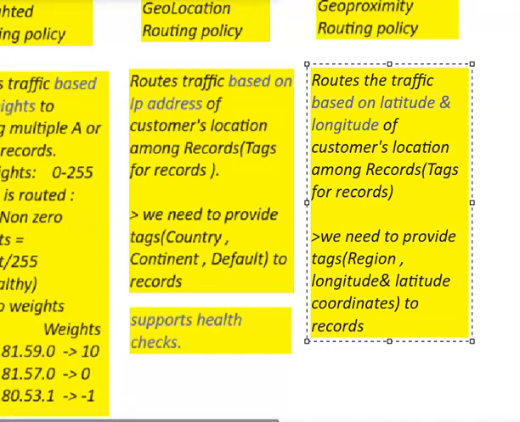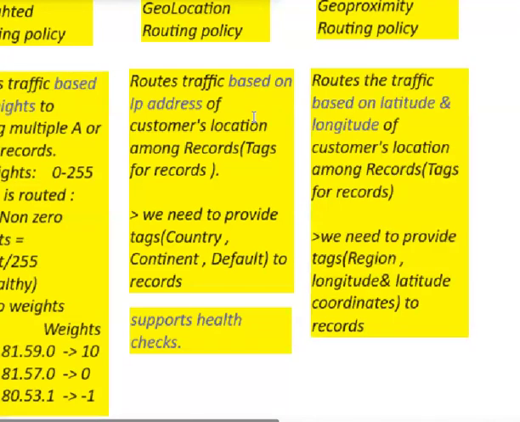Then your request is routed to the IP address present under those records, and you get the response for that particular geographic location, for the user present at that latitude or longitude.